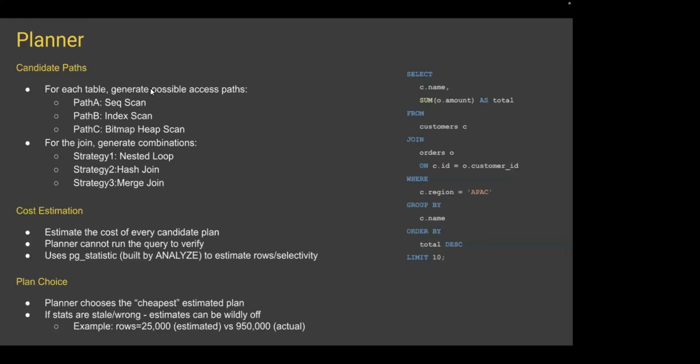So let's look at this query. We have customers joined to orders, and it is filtering on the APAC region. It is also grouped by name, and then we have an order by clause as well. For each table in this query, so for the customers table first, the planner will generate every possible access path, how to access this table. It can perform a sequential scan or an index scan or a bitmap heap scan.